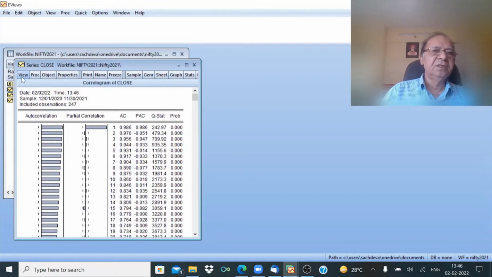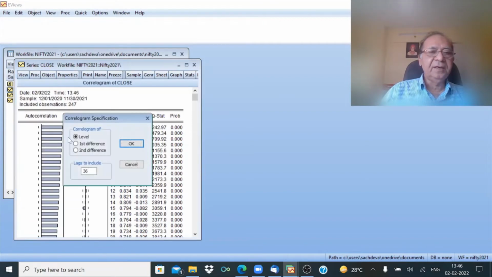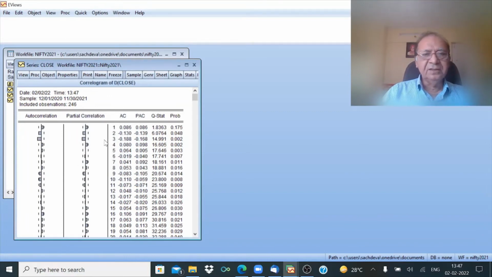Let us now see the correlogram at first difference. First difference, 36 lags. Okay, let it be there. Now this will tell us how many lags we should take, because we are going to use the first difference of our series. See the first lag in autocorrelation and partial correlation, they are near the 95% line, so there is no issue.